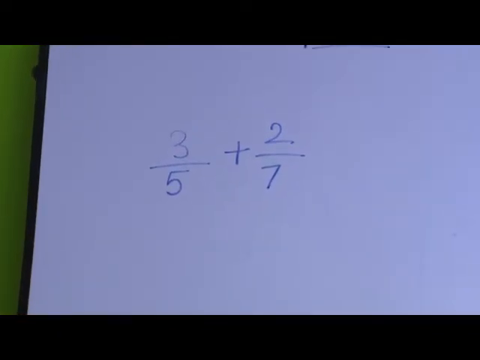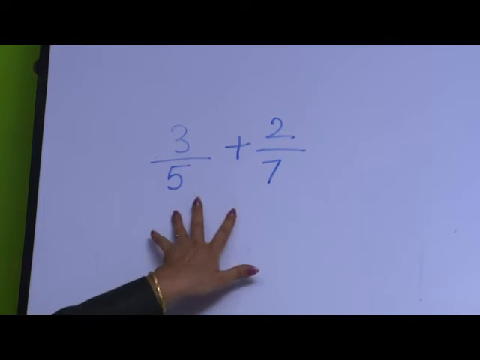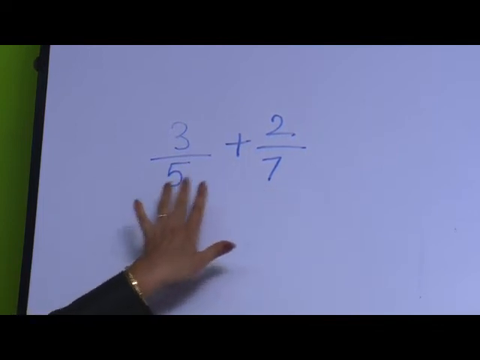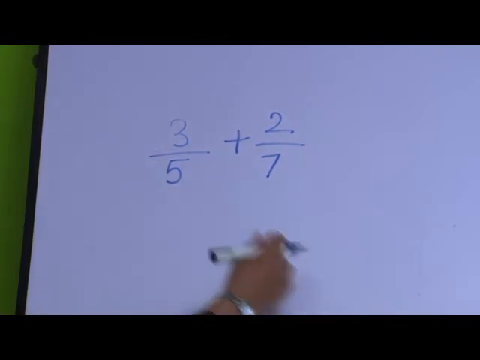Remember, it will be easier to find the LCM for this. Here, my operation is addition, but here I am having denominators that are prime numbers. What is it? Prime number. So, it is very easy. You have to know what a prime number is. Yes, when they are prime numbers, you can multiply directly and you can find the LCM.